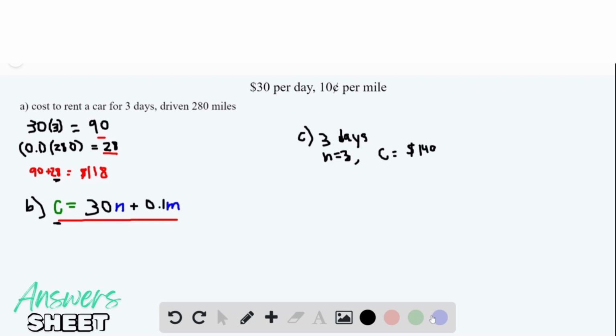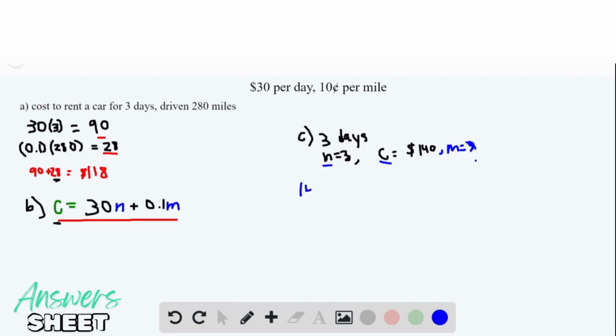So for this part, we're just going to plug these values into our model that we found in part B. And then we're going to solve for m because it's asking for the number of miles that we drove.